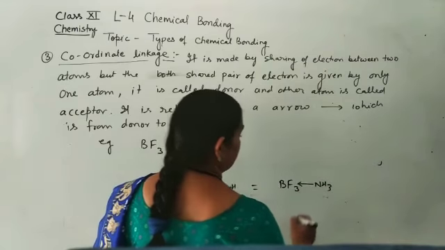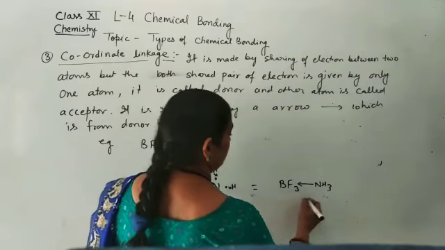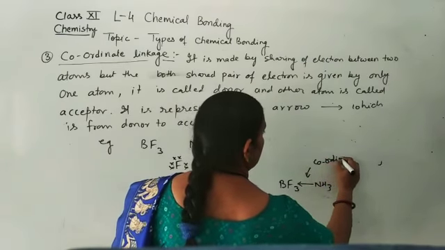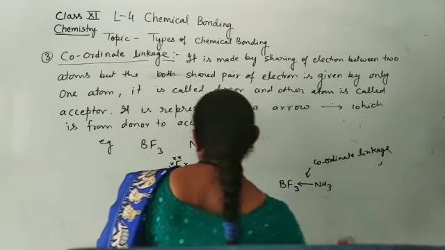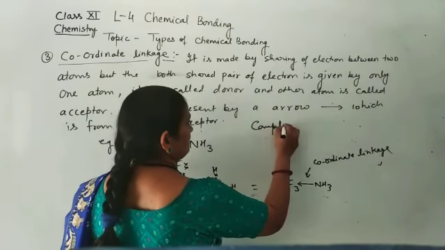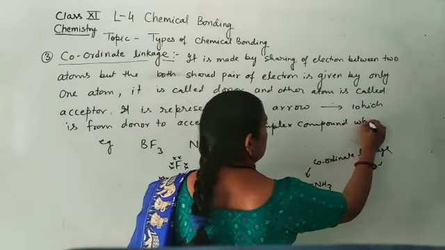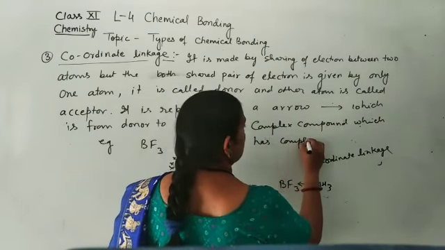This lone pair is given by nitrogen, so the arrow is facing this side, and this is coordinate linkage. This coordinate linkage is found in complex compounds which have complex ions.